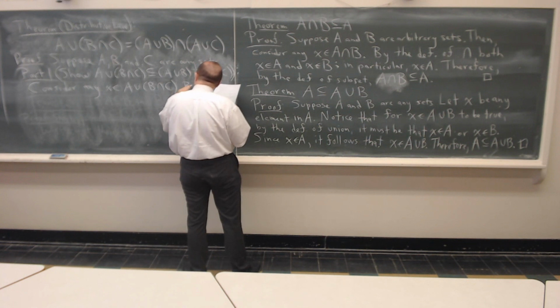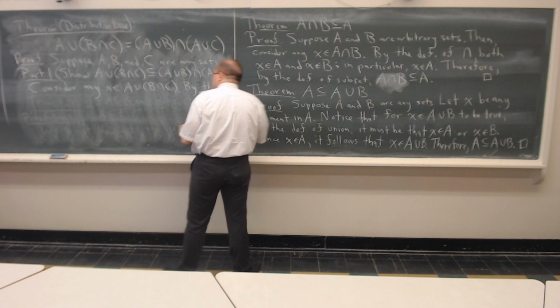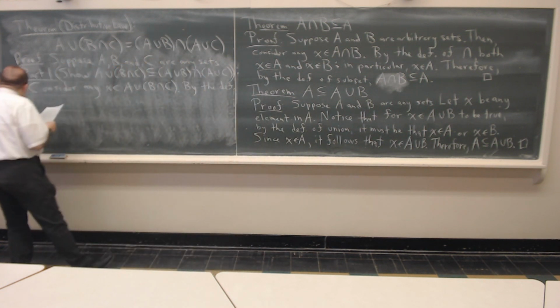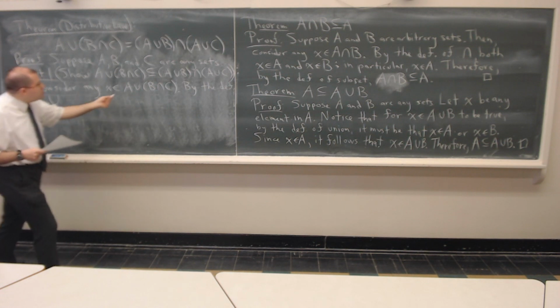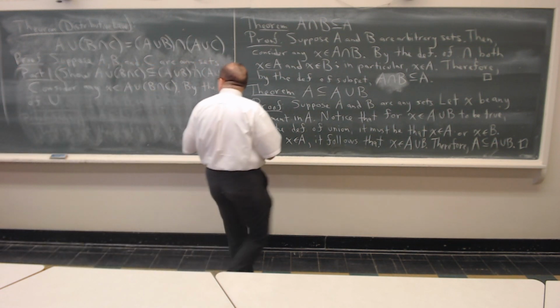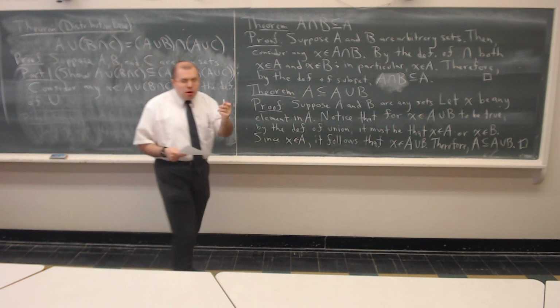By the definition of union, because remember there's a union sitting right here, A union B intersection C. Remember, at least one or the other.